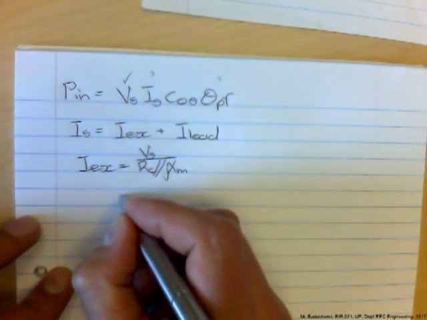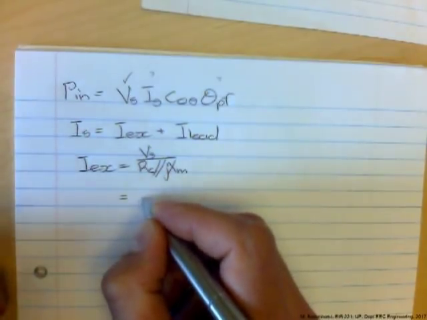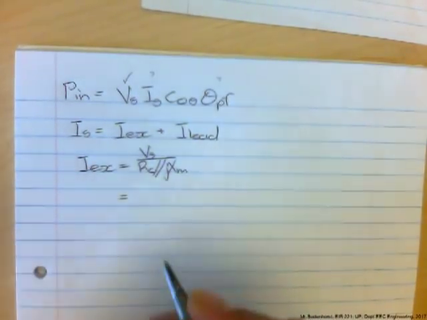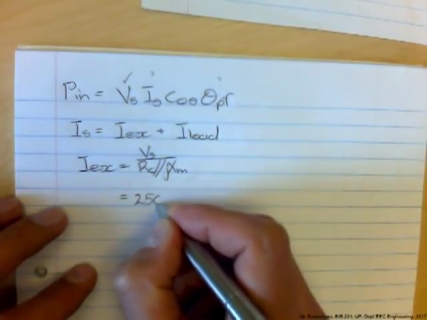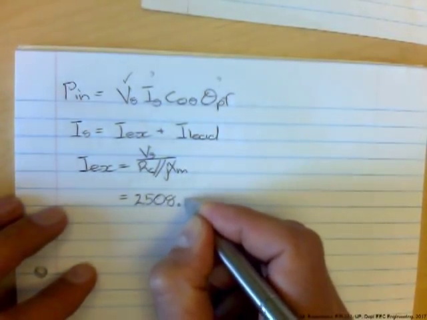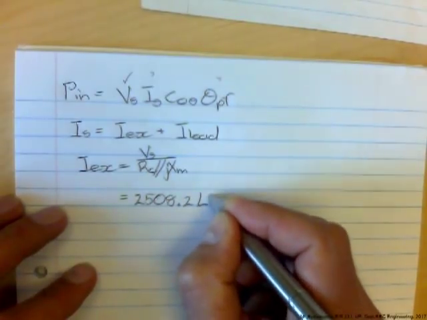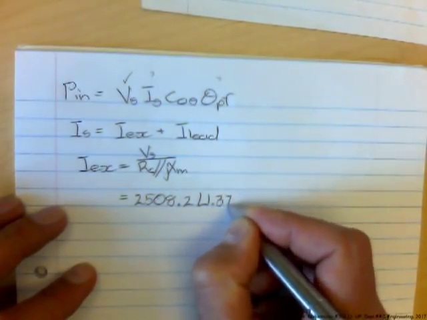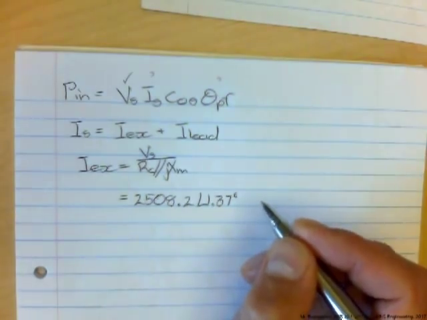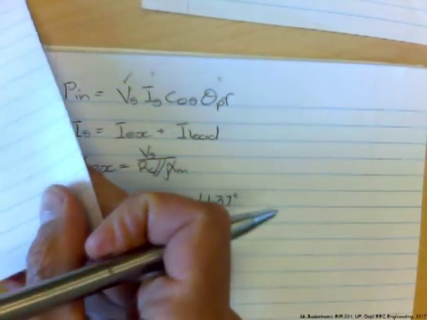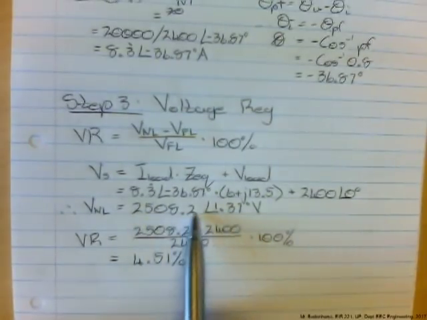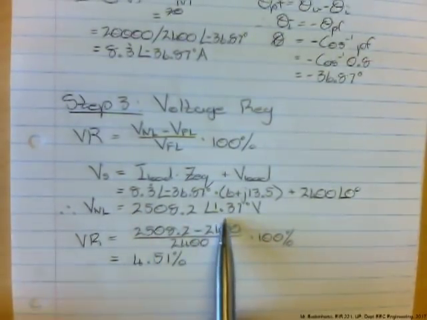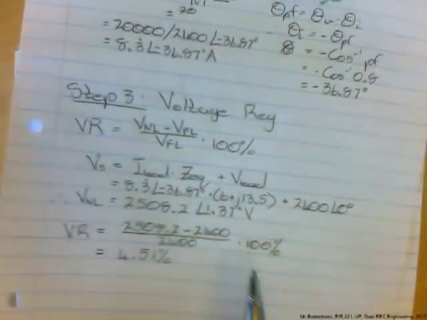So my excitation current then is, we know the supply voltage. Now we need to remember, now it's calculating current, so now you have to include the angle. So the voltage is 2508.2, angle 1.37 degrees. So where does that voltage come from? It comes right here from when we calculated the voltage regulation in step number 3. We calculated the supply voltage or the no load voltage.